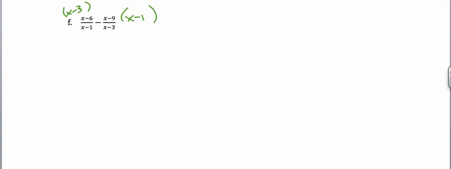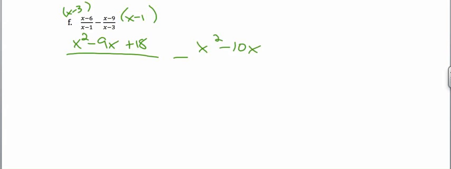You can use FOIL or double distributive property, however you multiply binomials. When we do that, we get x squared minus 9x plus 18. In the second one, we get x squared minus 10x plus 9, and both of these are over x minus 1, x minus 3.